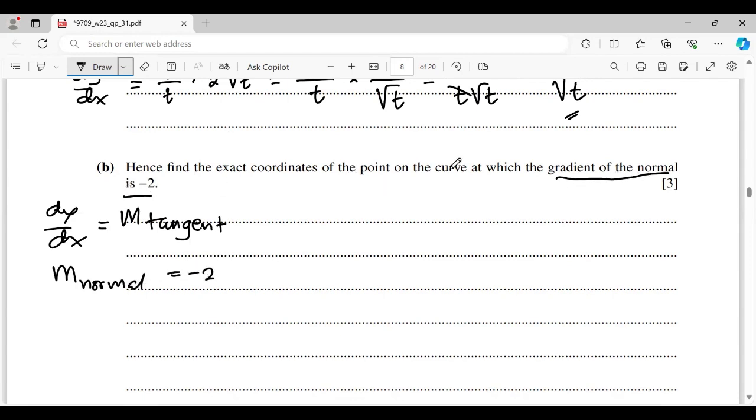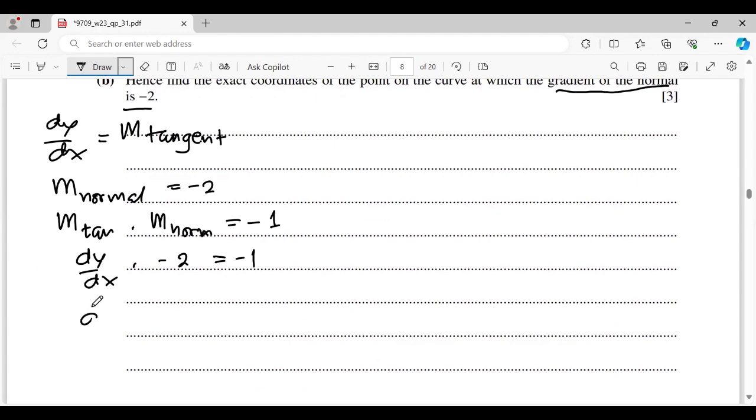Based on the rule that if two straight lines are perpendicular, the gradient of tangent times the gradient of normal equals -1, dy dx times -2 equals -1. So dy dx equals 1 over 2, equals half.